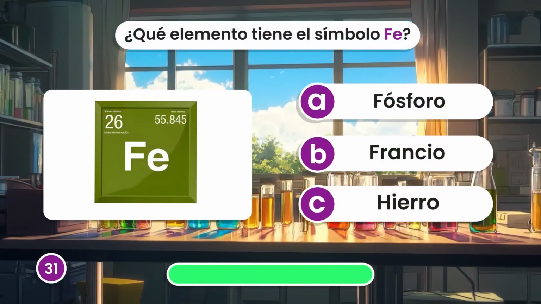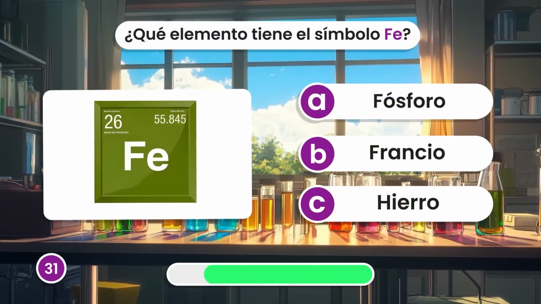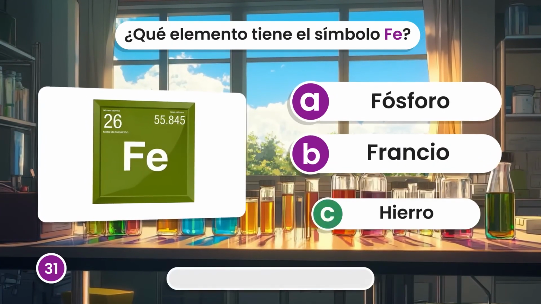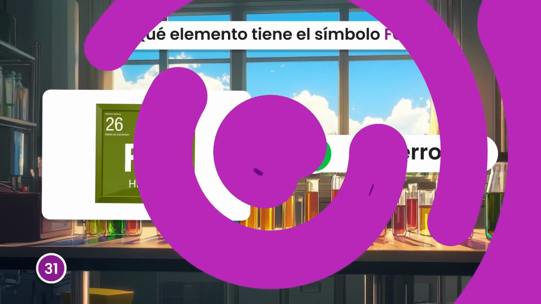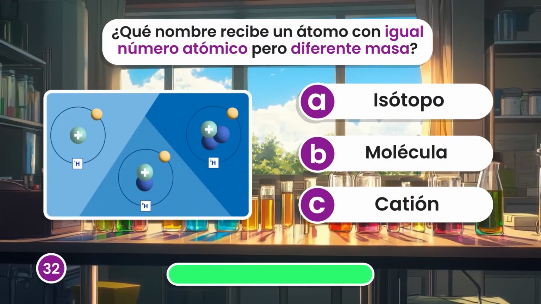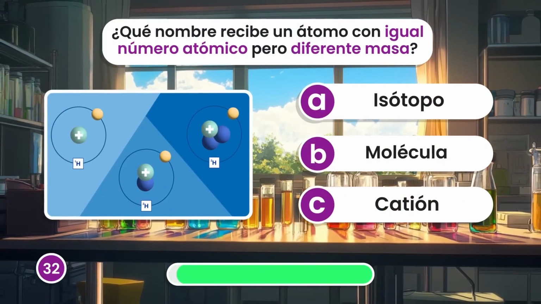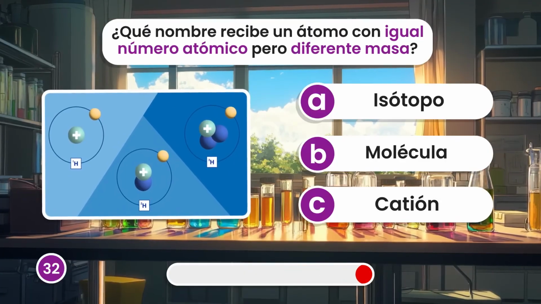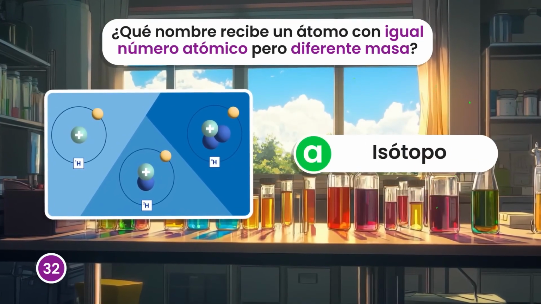Which element's symbol is Fe? Iron? What is the name of an atom with the same atomic number but a different mass? Isotope?